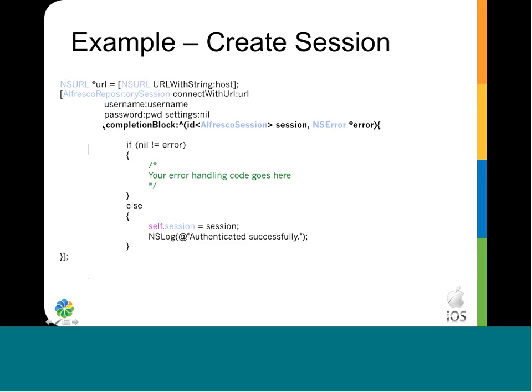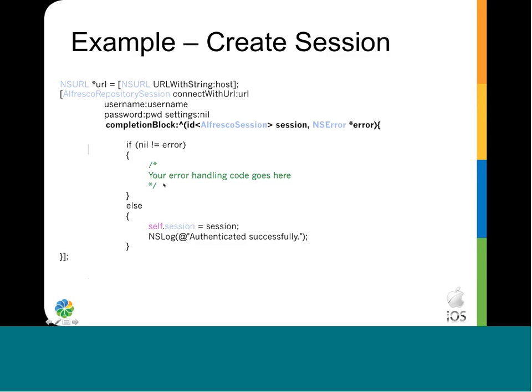But we also pass in this funny chap that is highlighted in bold, which is the completion block. Here you see that it takes two parameters, the session and the error object. This is the code that you would fill out, and this is the code the Alfresco API would execute once the call is complete.